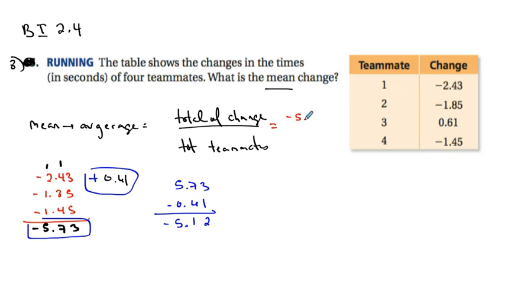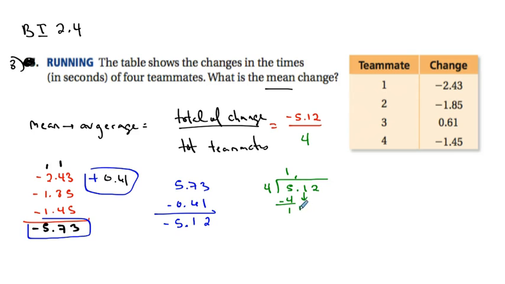So negative 5.12 is the total of the change, and I'm going to divide this by my total number of teammates, which is 4. And 4 actually goes into 12, so you know that 4 is going to go into 512. So how many times does 4 go into 5.12? 4 goes into 5 once. Put a 4 there, subtract. I'm going to keep my decimal here.